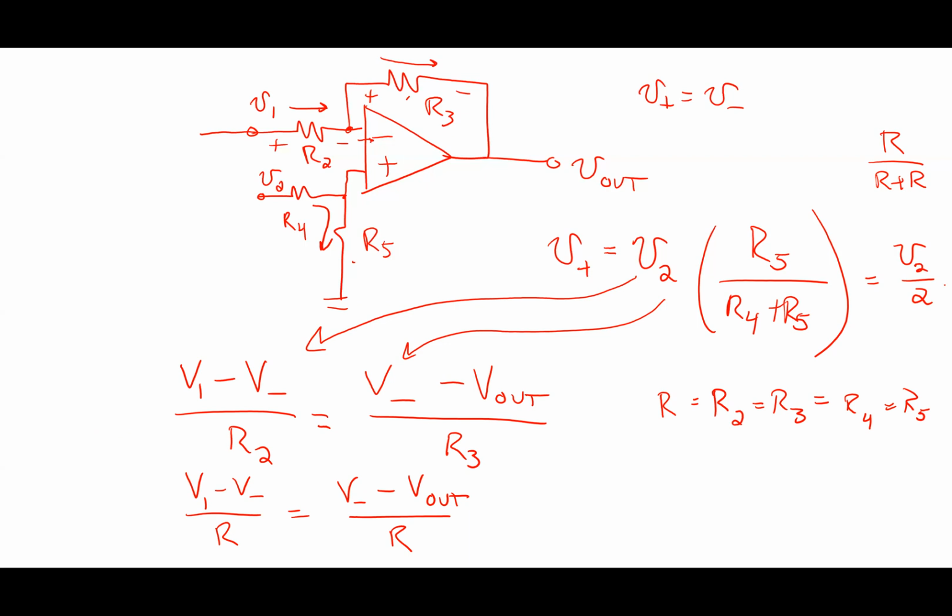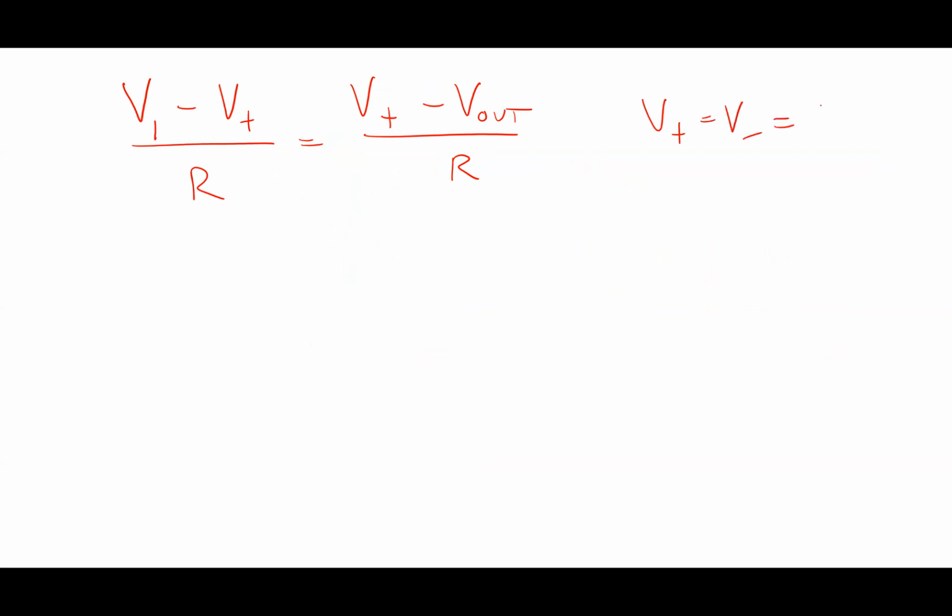So if I take this result and plug it in here, V1 minus V plus over R equals V plus minus V out over R. V plus equals V minus equals V2 over 2.